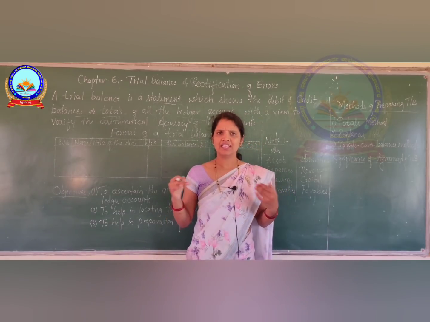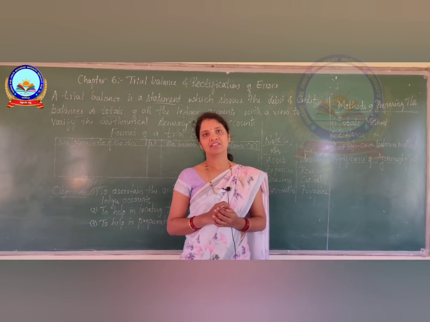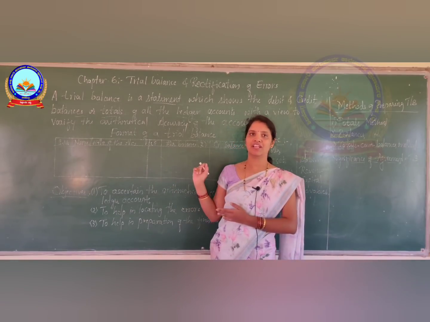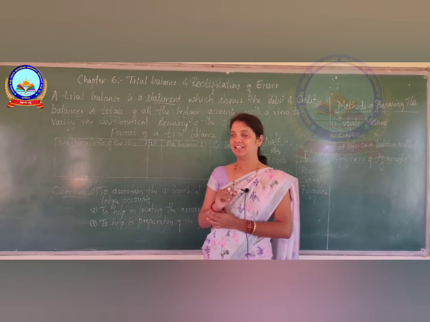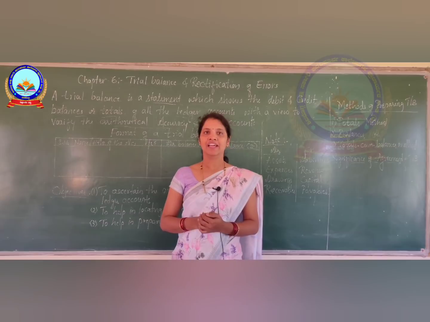So these types of errors may be committed. When these types of errors are committed, the total of the debit column and the total of the credit column will not tally. That is why we say that it verifies the arithmetical accuracy of the accounts.